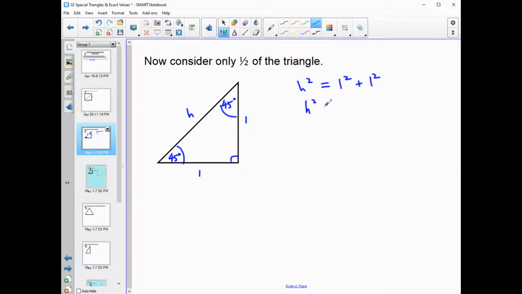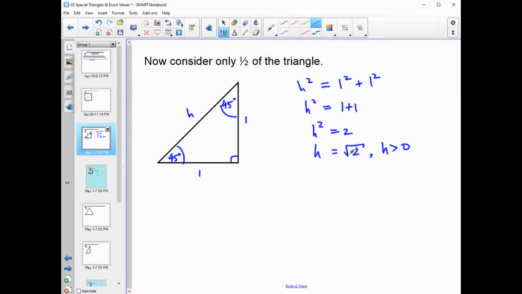So I end up with h squared is equal to 1 plus 1. h squared is equal to 2, or h is equal to the square root of 2. And we don't worry about the plus or minus here because h is a dimension on a geometric figure, and lengths and dimensions must be greater than 0. So we only consider the positive one here.